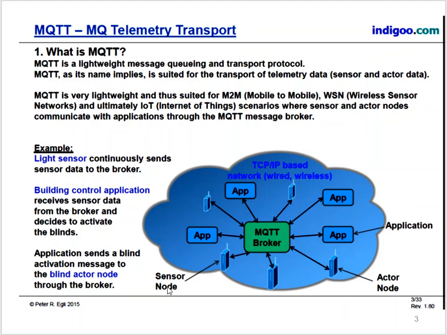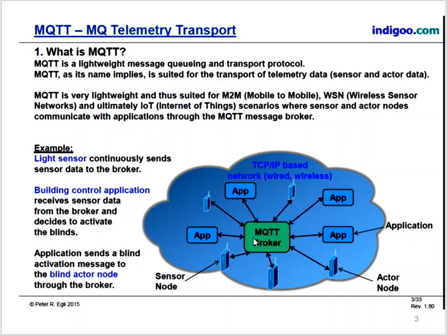MQTT is quite a light protocol, and it is based on TCP/IP, which is underlying MQTT. One example could be a sensor node measuring something, and those measurements are sent to the MQTT broker.